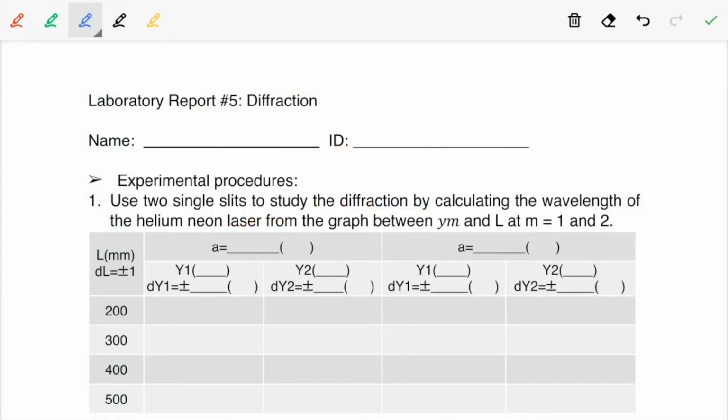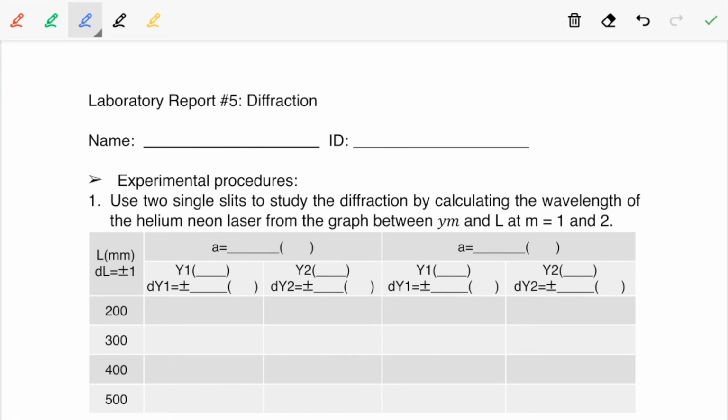Then we come to the report part. Like what we did before, in this part I will introduce what the report looks like. When you hand in the report to me, you only need to give this part, right? You don't need to give me the introduction part.